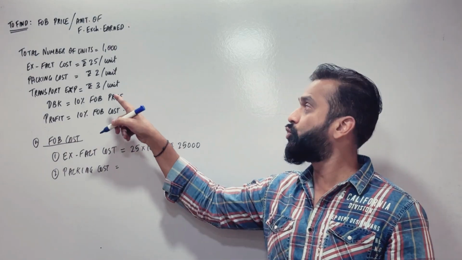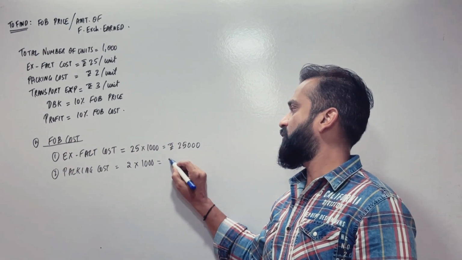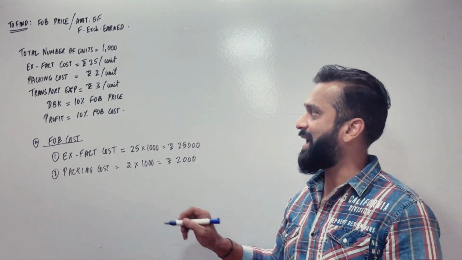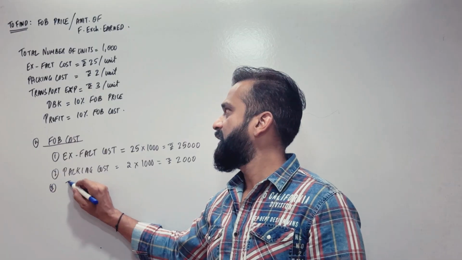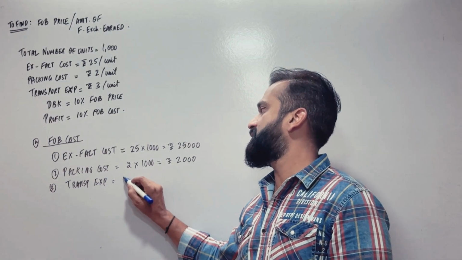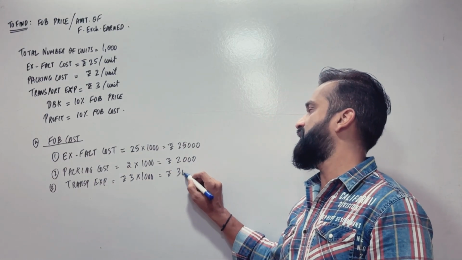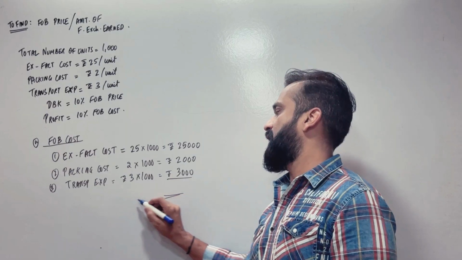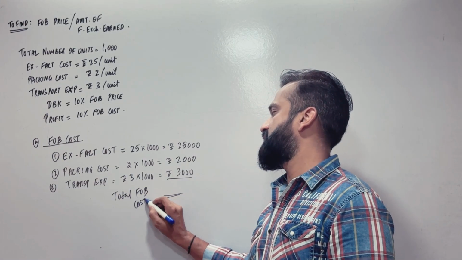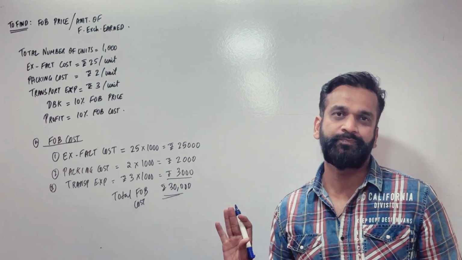It is rupees 2 per unit. That means 2 into 1000, that will become rupees 2000. Third is the transport expenses. Transport expenses is rupees 3 into 1000, it will become rupees 3000. So the total FOB cost is rupees 30,000. First step is clear.